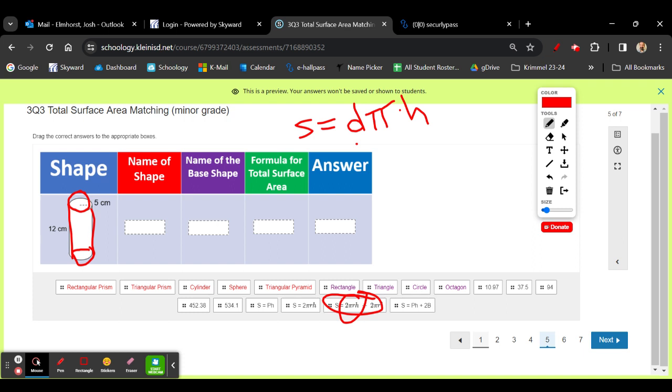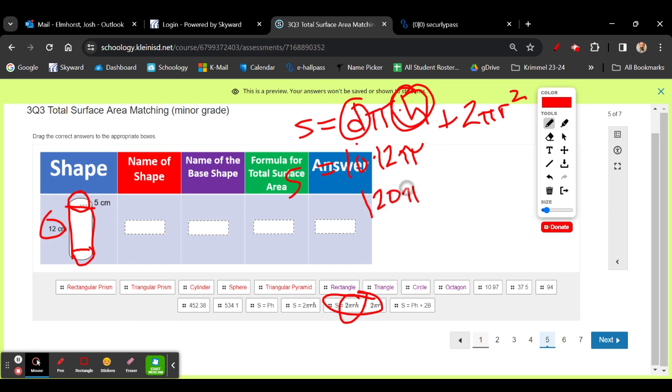So it's circumference times the height plus the area of the two circles. So if the radius is 5, then the diameter is 10, and the height is 12. And then, so the diameter is 10, the height is 12, and then that's going to be times pi. So that's going to give us 120 times pi.